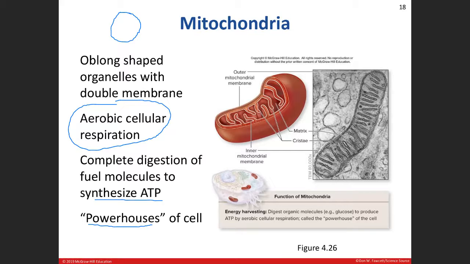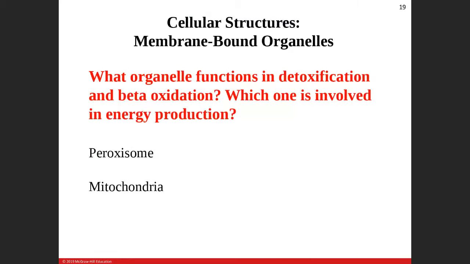But just keep in mind the mitochondria's function is to synthesize or make ATP, and it does so through the process of aerobic cellular respiration, which requires the mitochondria to have oxygen available. If there's no oxygen available, it cannot undergo aerobic cellular respiration, and it cannot make all that ATP.